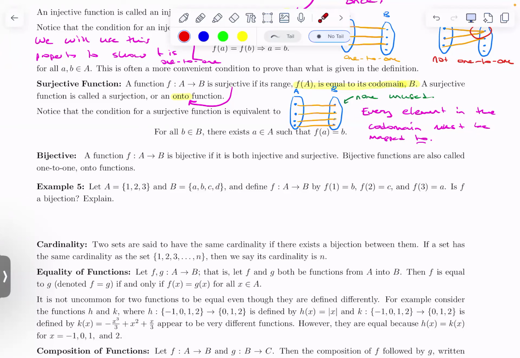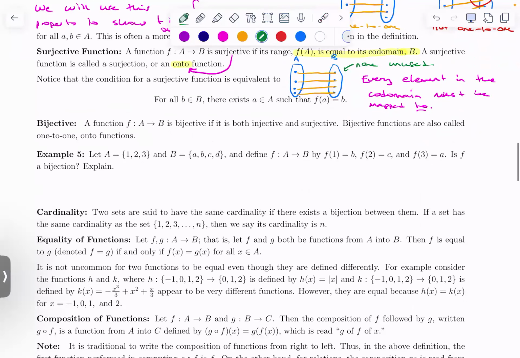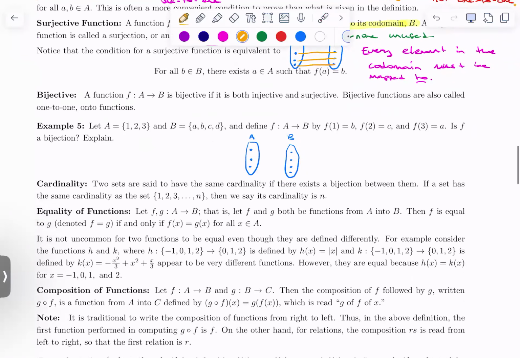So that's bijective. What would it look like if it was not one-to-one, but onto? Let's do that. This one can go here, this one can go here, and this one can go here.